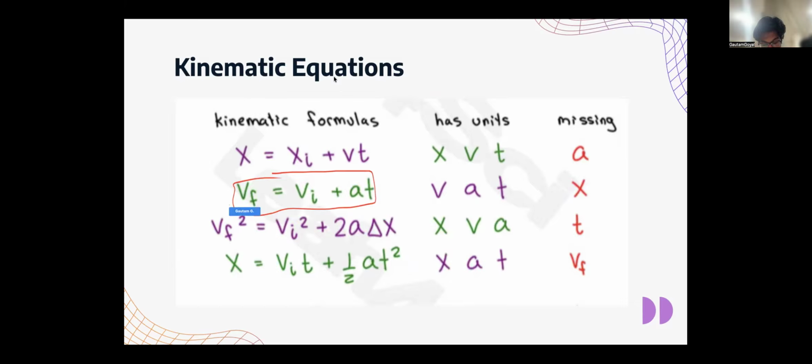This one is just saying the final velocity squared is equal to the initial velocity squared plus double the acceleration times the change in distance, right? When I say it like that, does that help you understand what it means? Because right now all you're seeing is letters and numbers, right? When I put it into words like that, does that help?